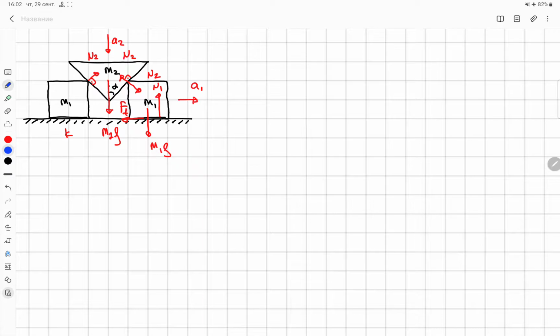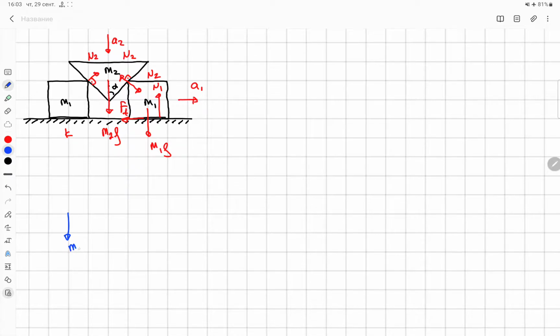Let me repeat. M2, the upper object, will move exactly vertically downward because everything is symmetrical. The angle, two objects at the left side, right side, same. That's why M2 will move exactly vertically downward. Let me draw the free body diagram again separately for M2.